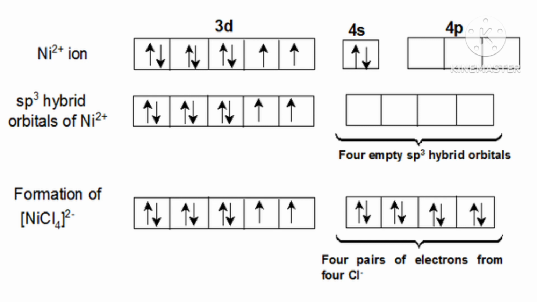But in the square planar complex, 4 orbitals are there also, but here the inner d orbital will take part.